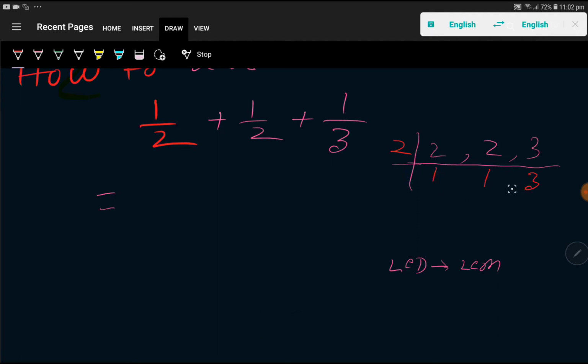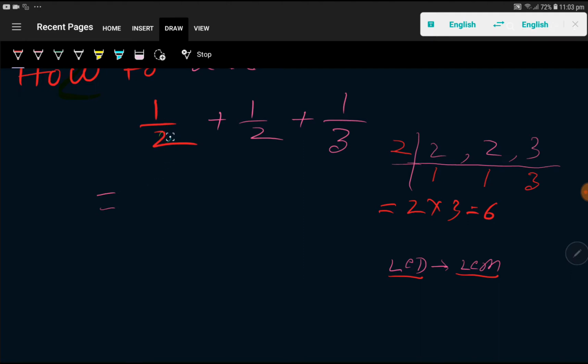So now I have to multiply this number 2 times 3, that is 6. So our common denominator, that is the LCM, the least common denominator, I will get by taking the LCM, and I will get the LCM by the ladder division. So 6.